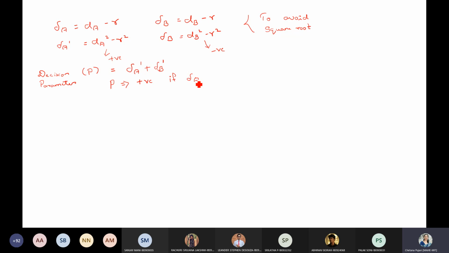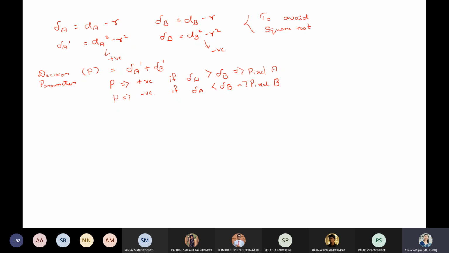If your delta A is greater than delta B, then we choose pixel A. And if you get a negative value, which is when your delta A is less than delta B, then you have to select B. So these are the conditions based on which you are going to select your pixel.